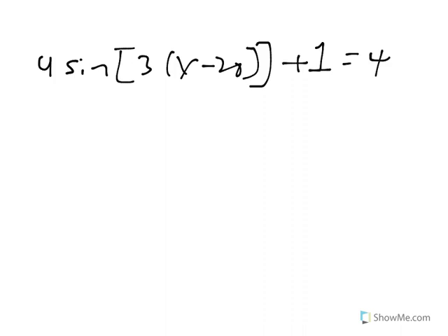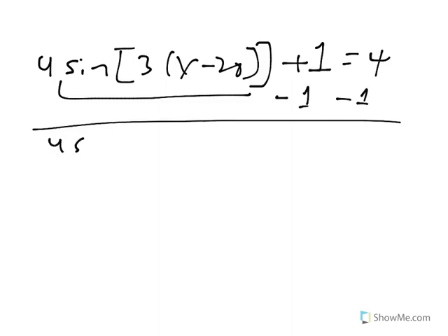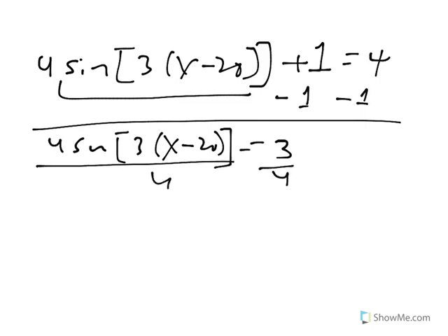So here's sort of an extreme version of this question. We want to isolate the sine expression first, so we subtract 1. We get 4 sine bracket 3 parentheses x minus 20, close parentheses, close brackets, equals 3. Divide both sides by 4.